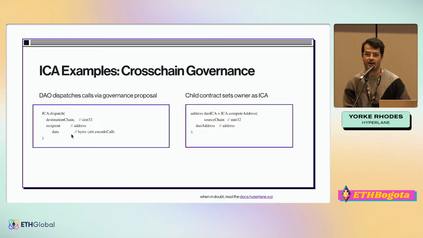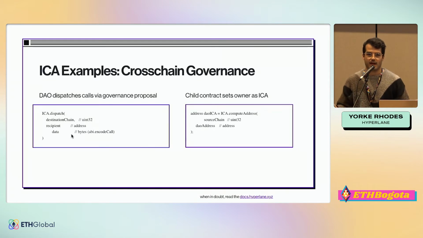However, with interchain accounts, if you have a DAO contract that dispatches governance proposals to the Interchain Accounts API on the receiving chain side, you can just set the owner of contracts that you want to be controlled by a DAO on another chain to the interchain account of that DAO.